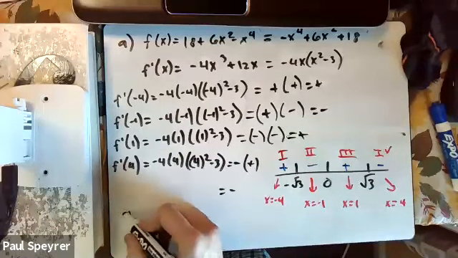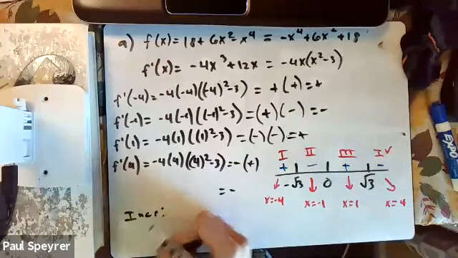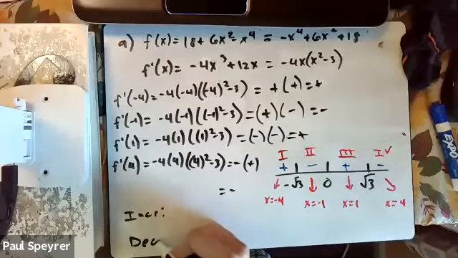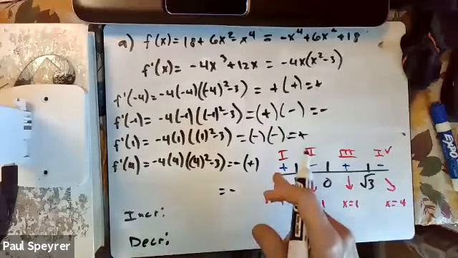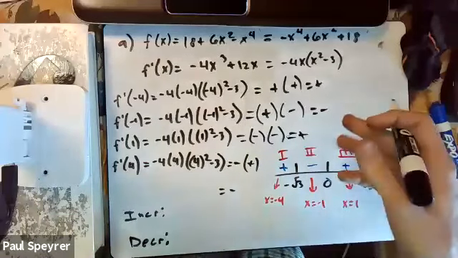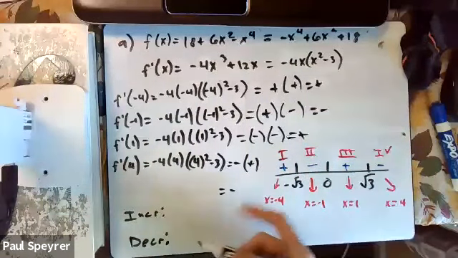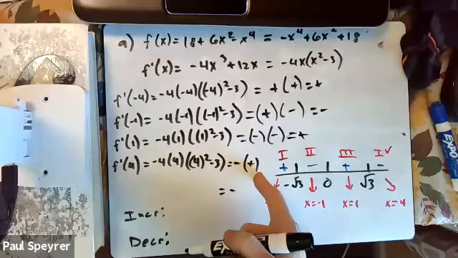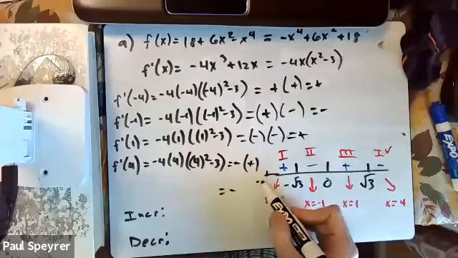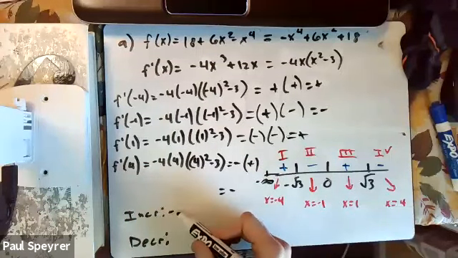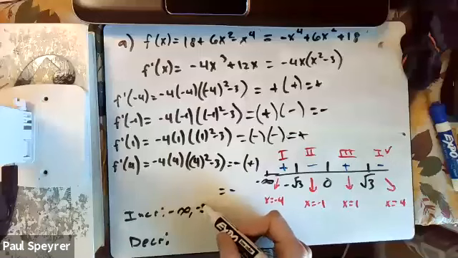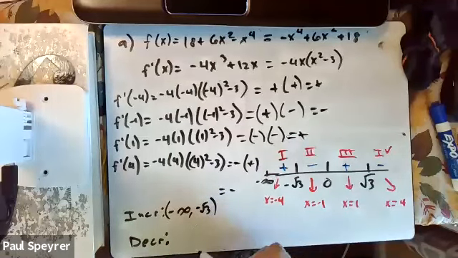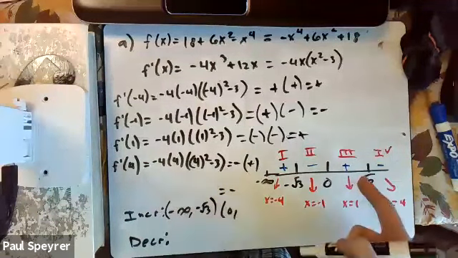So now where are we increasing and decreasing? Remember, increasing is all the plus signs within the first derivative that we were testing. So where's the smallest value that we begin to increase from? It's negative infinity, right? So from negative infinity to -√3, and then also 0 to √3, because we have another positive region right there.